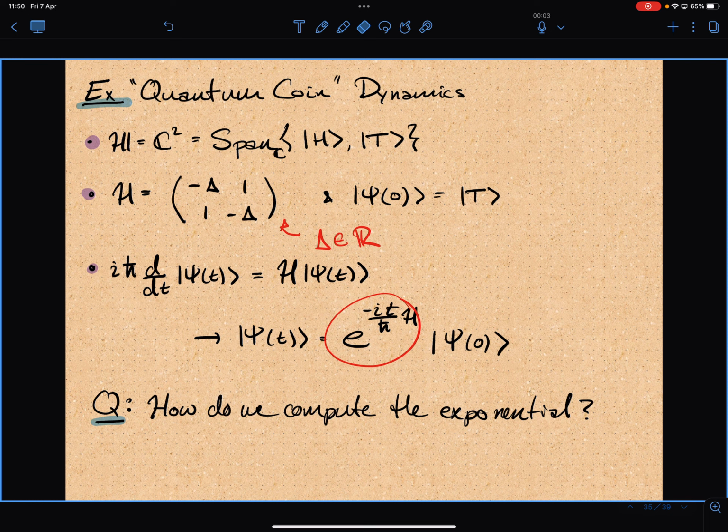This is going to be an optional problem. Just compute this.